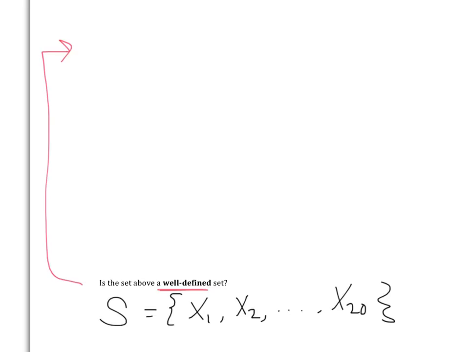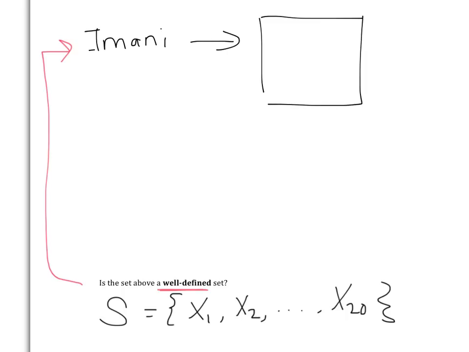If I asked, for example, thinking of a name, let's see, Amani, to write on a piece of paper the name of every single student in our class, 1, 2, 3, all the way to 20, in no specific order.